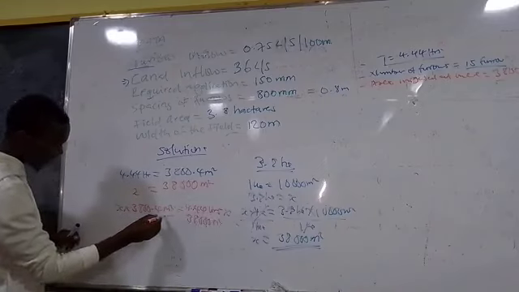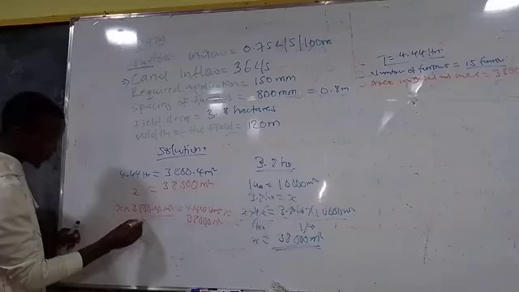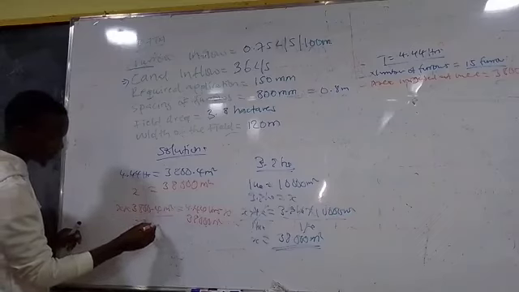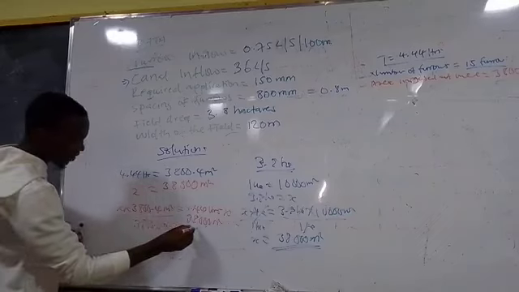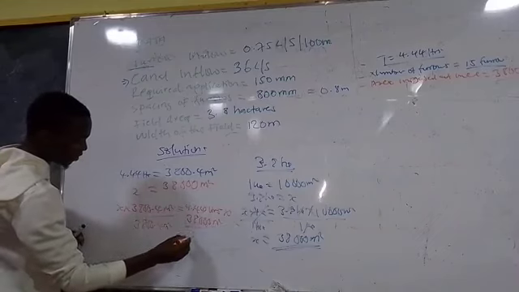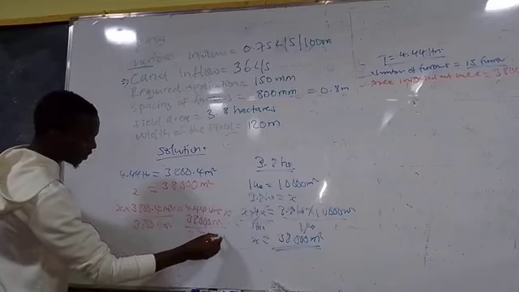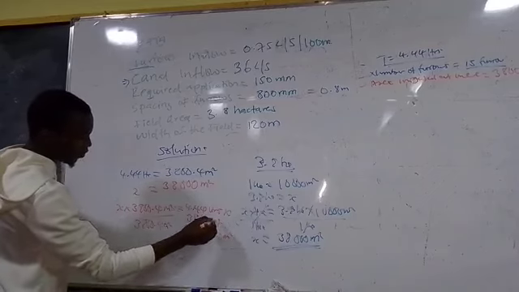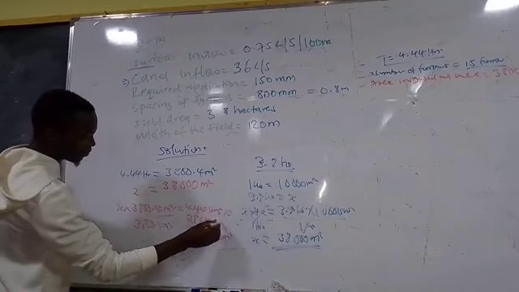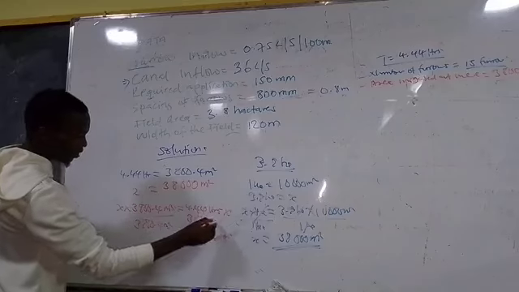So we divide this by 3,800.4 meters squared. The square and the square will cancel.